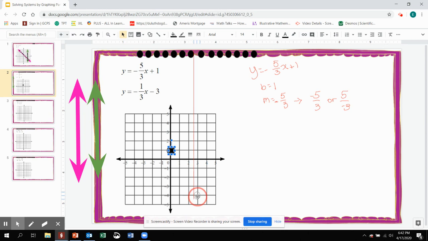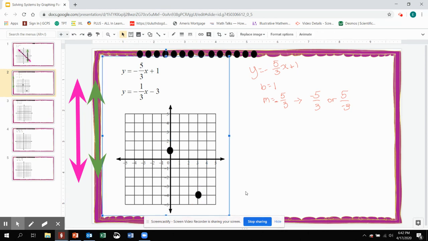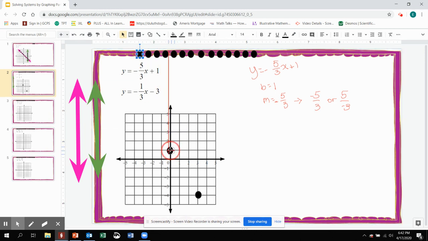So this is where I would put my point. Now, I also could have used my slope of positive 5 over negative 3, which meant I would use positive 5 as a rise, so up 5, which would put me a little bit off of my graph. And then I would use negative 3 as my run, so that would be left 3, and I would have a point here.